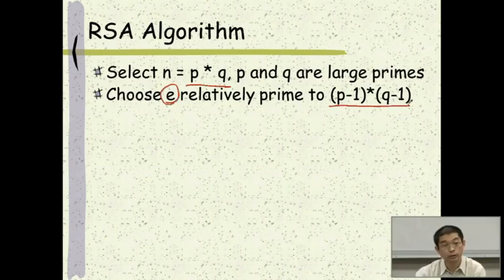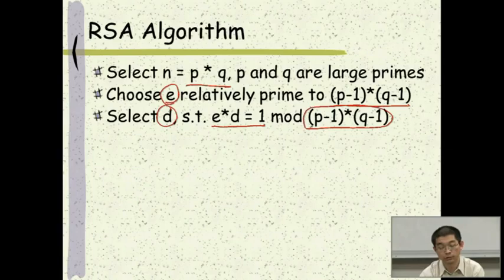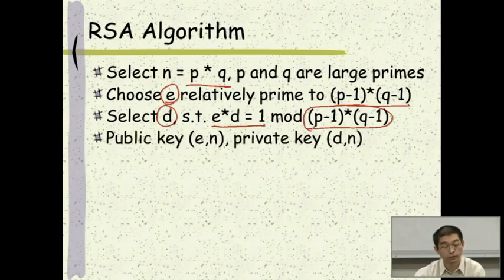The next step is a little bit of a challenge. You need to find another integer D such that E times D is equal to 1 mod (P minus 1) times (Q minus 1). Okay? And once this is done, the user will have a pair of public key and private key.